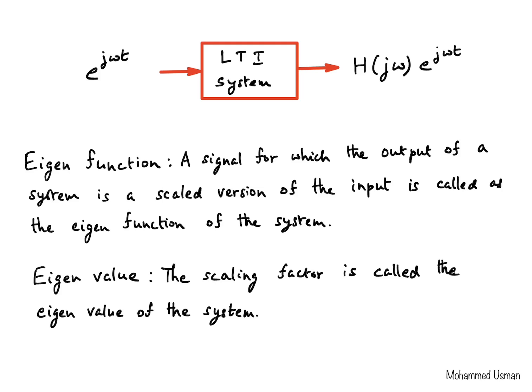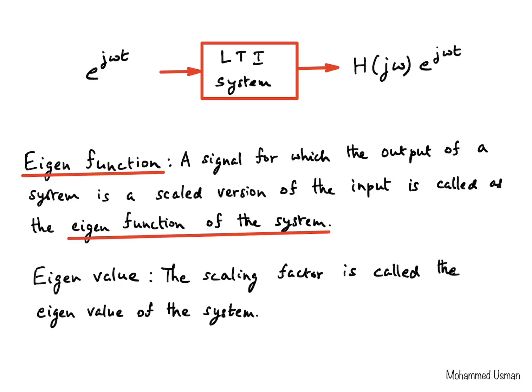So that's an important definition. What do we mean by an eigenfunction? An eigenfunction is any signal which, when applied to an LTI system, produces the same function at the output, which may be scaled by some factor, which we call h of j omega. So we have this definition, which is the eigenfunction of the system.